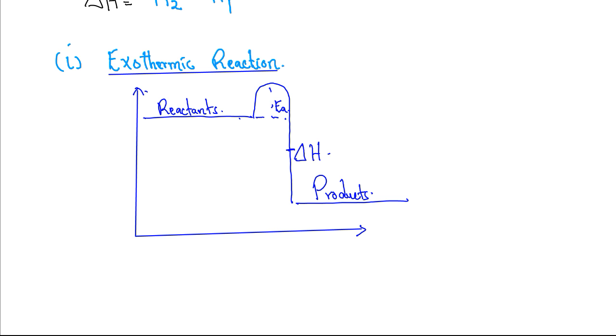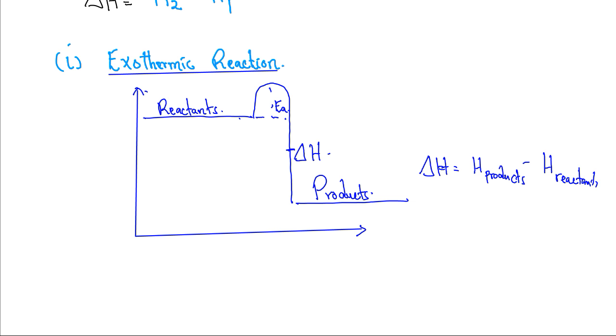And for exothermic reaction, delta H is negative. Reason being that, remember, heat change is heat of products, enthalpy for the products, minus that of reactants.